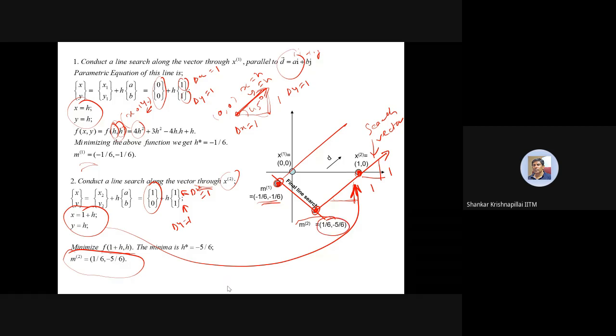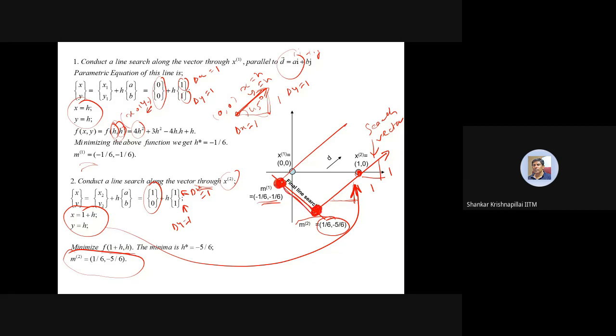So it is 1, 0 plus h times delta x is 1, delta y is 1. So this is the parametric equation of this line. You substitute that in the objective function and you find m2 is 1 by 6, minus 5 by 6. So you find m1, you find m2.